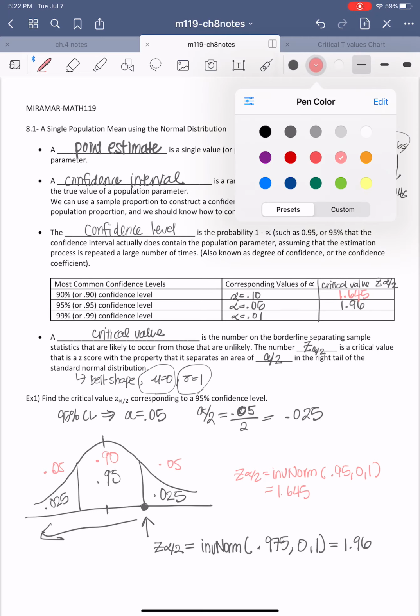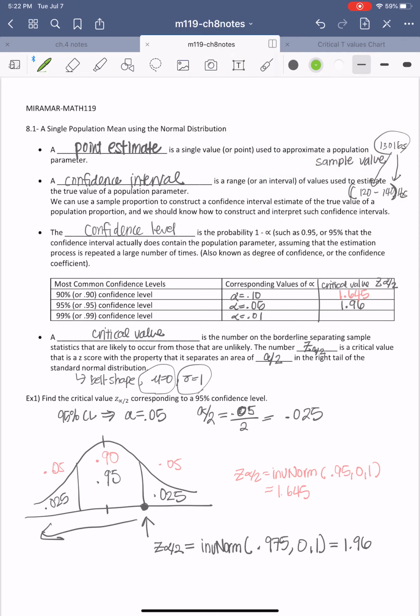And then the last one, let's try the last one too. If your area is 99, you have an alpha of 0.01. That's the whole two tails combined. So half of that will be 0.01 divided by 2, 0.005. So your z alpha over 2, your critical value will be inverse norm. Area to the left will be the combination of these two, 0.99 plus 0.005.